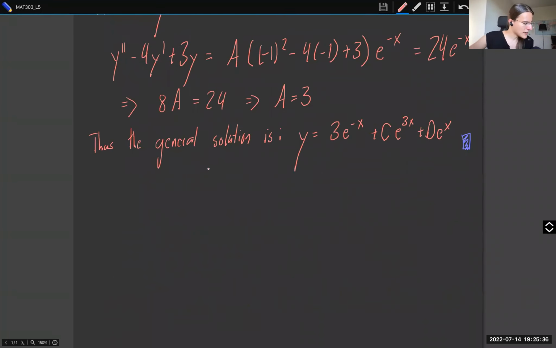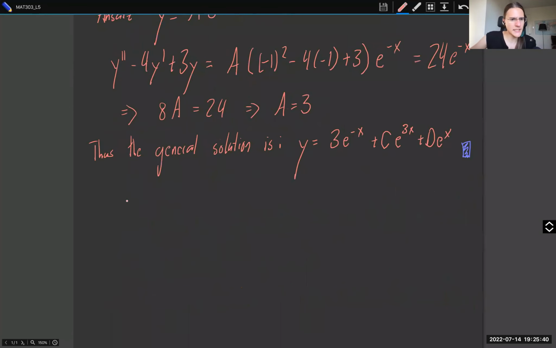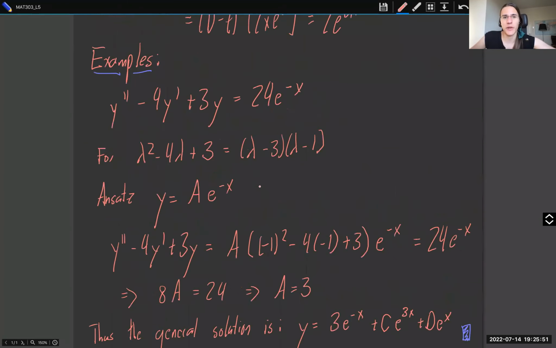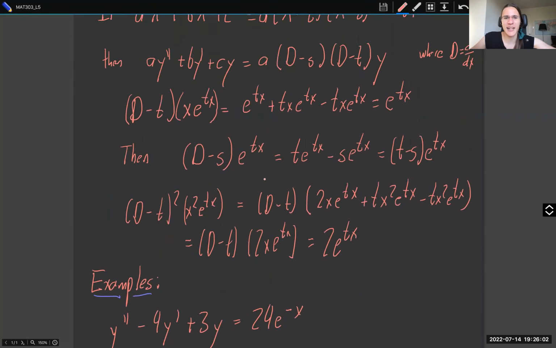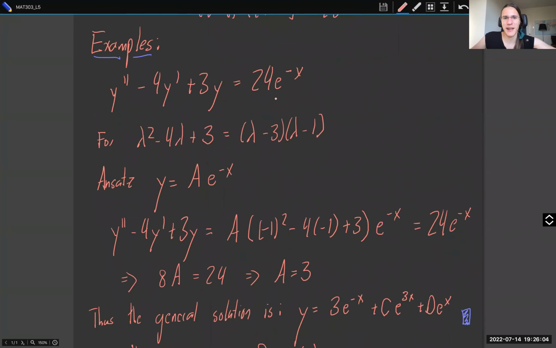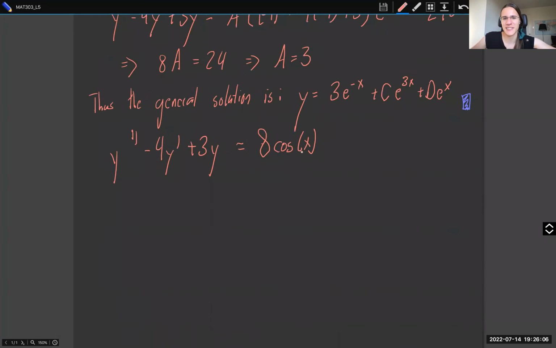Okay, and now let's consider a more interesting example. Let's consider the same polynomial, y'' minus 4y' plus 3y, but now we're going to write not what we had before. Now we're going to write 8 times cosine of x. The question is, is what we did above enough to calculate it when it's not e^x, but cosine x?